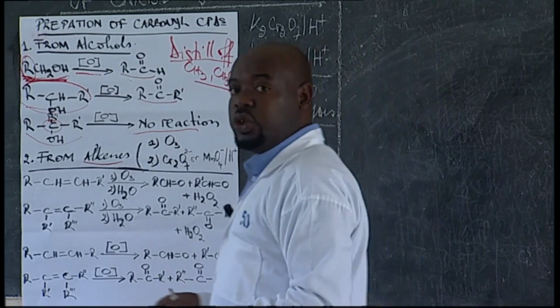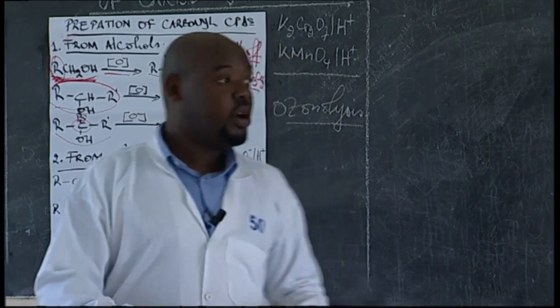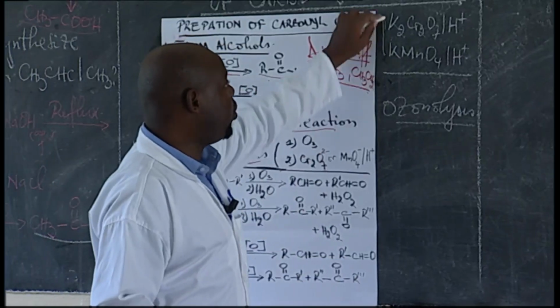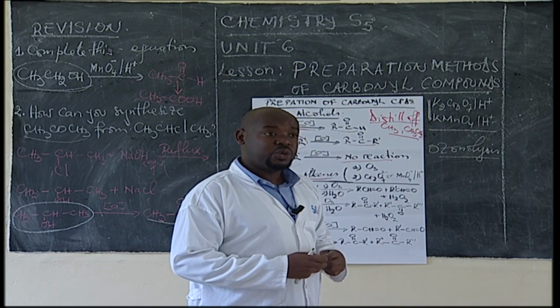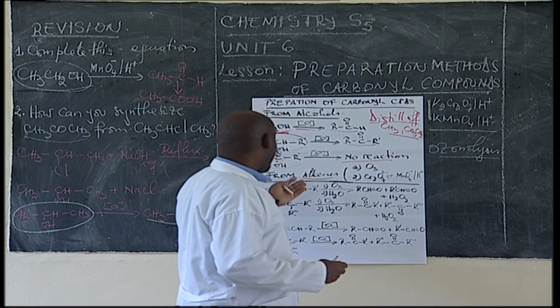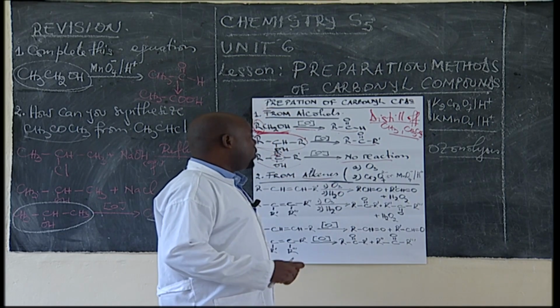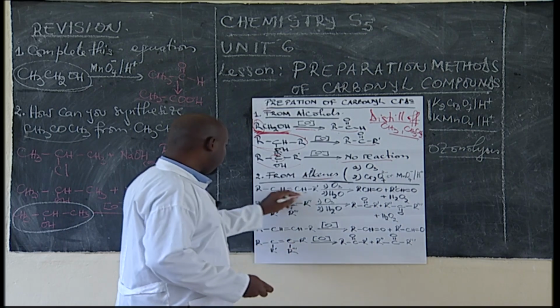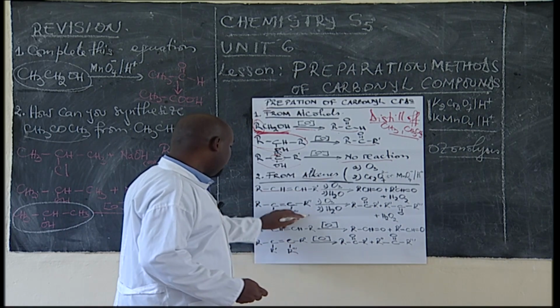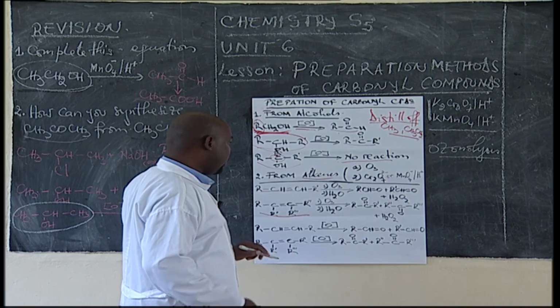And we can also use the common oxidation, where we use these two oxidizing agents. What do we get when we use alkenes and we carry out ozonolysis? We have the reactions here. Reaction number 1 and reaction number 2.